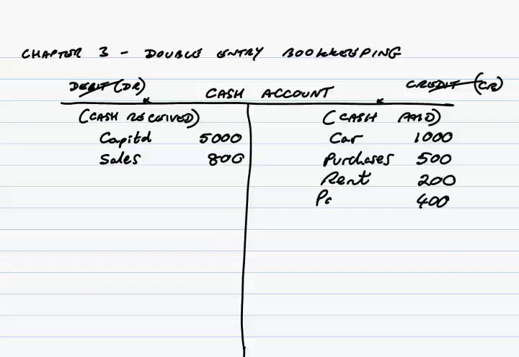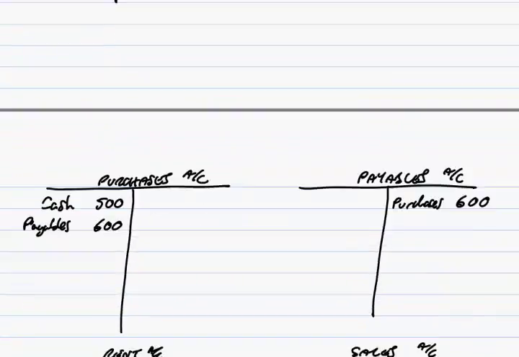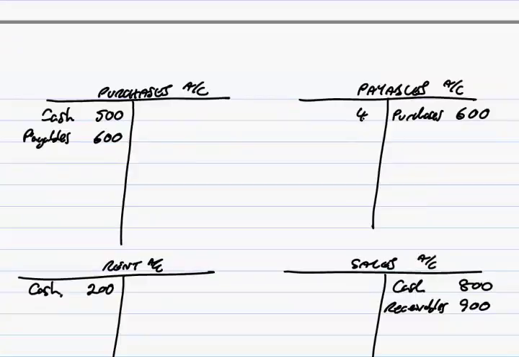Credit cash, debit payables. Where's payables? There we are. Debit payables. And of course beautiful. On the credit side was what we owed. On the debit side is what we've paid. I hope obviously the difference between the two is the amount that's still owing.